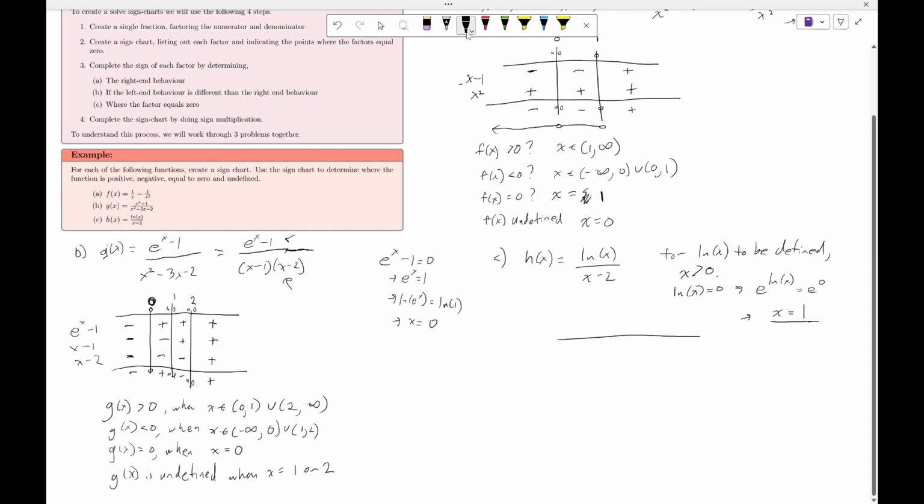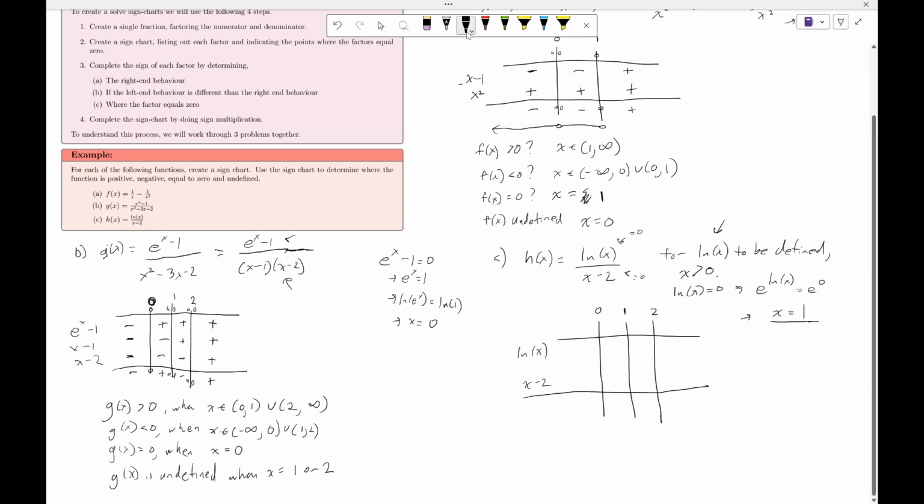However, the sign chart is going to have 3 different numbers now. It's going to have 1 and 2 for the numerator equaling 0 and the denominator equaling 0 respectively. But it's also going to have a 0 for when ln of x is undefined. Now I have my two functions, ln of x and x minus 2.